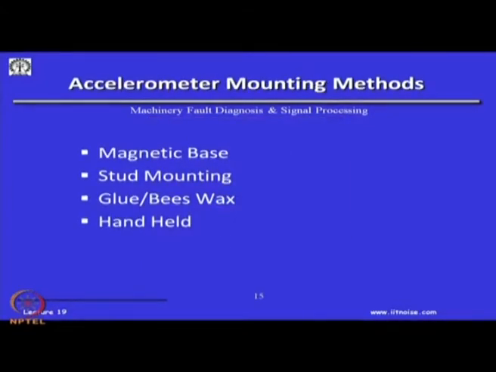Now, the next question you would be asking yourself is how do we physically fix this accelerometer onto the surface on which we are measuring the vibration. Okay. The surface could be as delicate as the flapping wings of a buzzing bee, or as robust, heavy and hot as a gearbox casing.